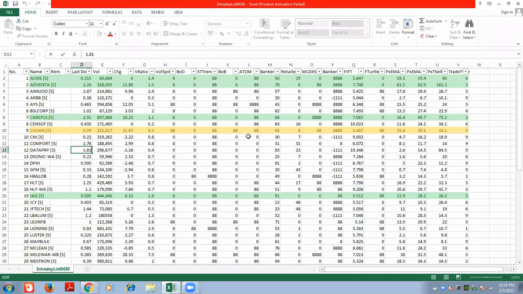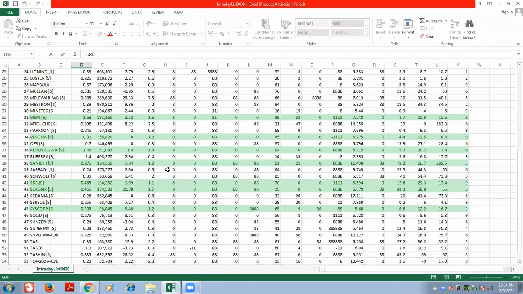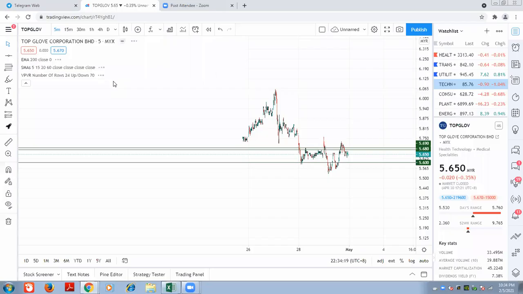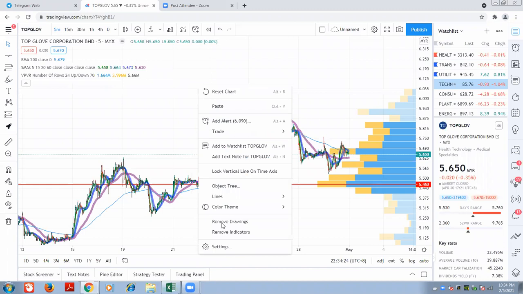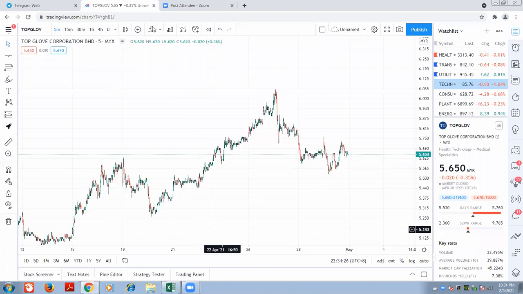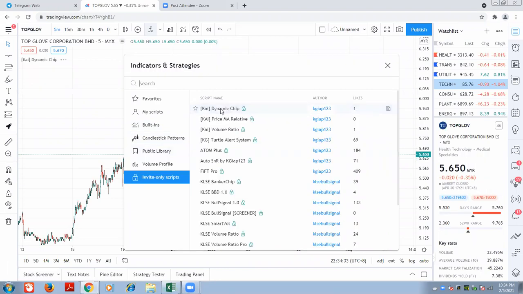All right. ACME, Adventa, Carelplace, JAG, MSM. Let's take a look. MSN. Okay, remove drawing, remove my indicator. I'm going to install mine. Dynamic chip.